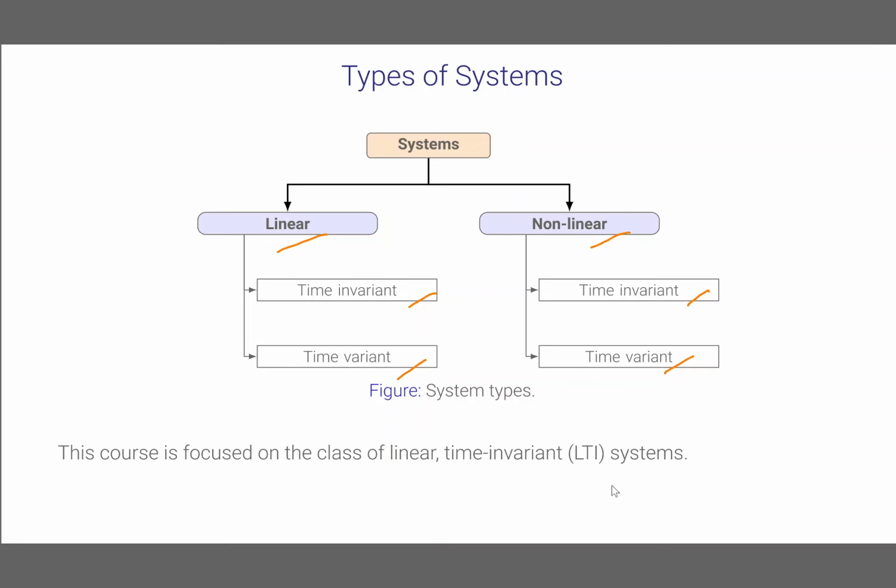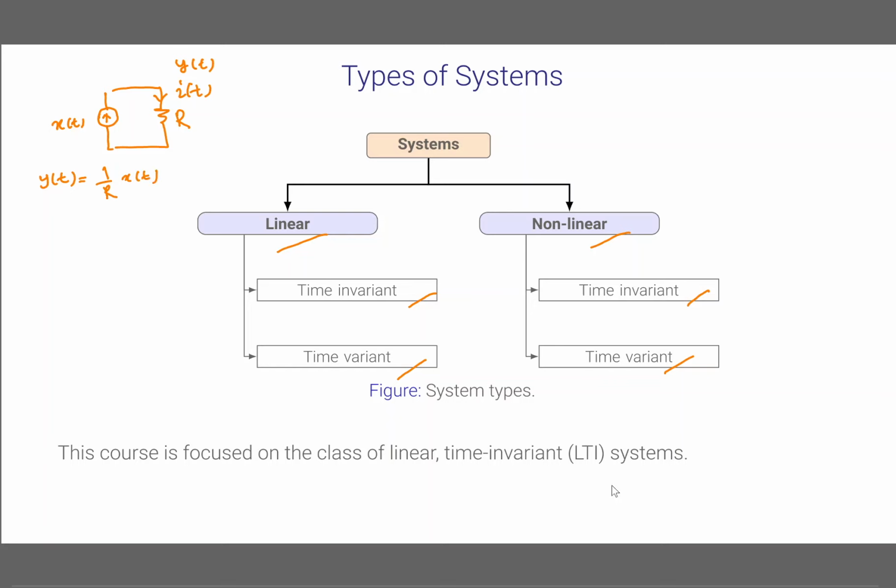Now take a system like a resistor, where we consider the current i(t) as our output and the voltage x(t) as our input. For example, if i(t) is our y(t), the current y(t) is equal to 1 over R times x(t).